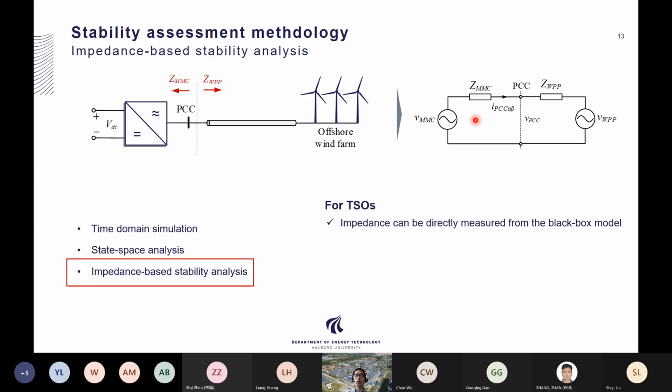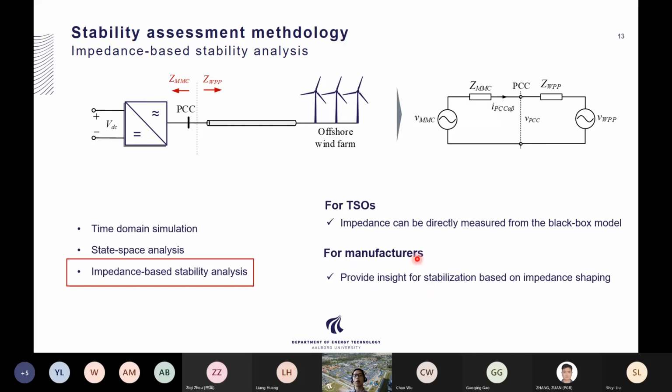The benefit of the impedance-based method is for TSOs, because the impedance can be directly measured from the black box model. You do not need to know the control details therein, but this method is still applicable. But for manufacturers, who have more detailed control information at hand, the impedance-based method can still provide much more insight for stabilization of the system.